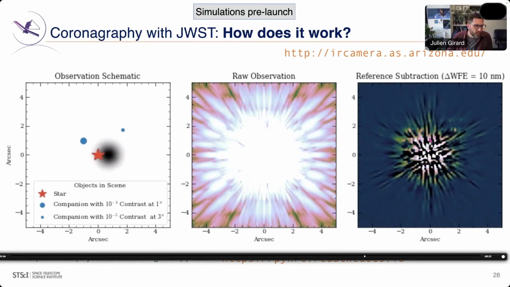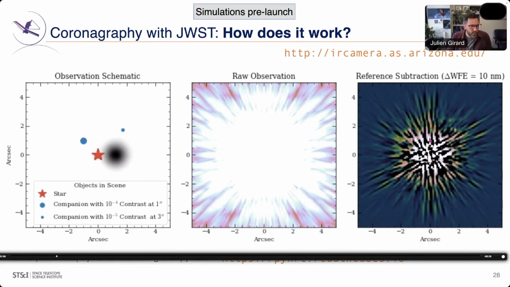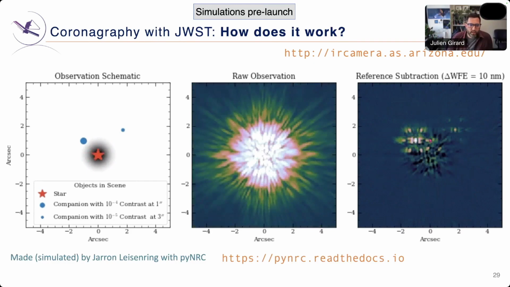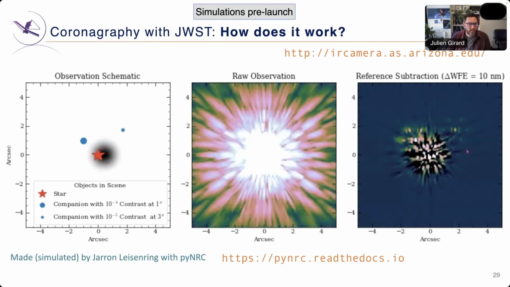The reference star can be a second roll, or it can be a reference star for what we call RDI, or reference differential imaging. When you subtract the reference star, if everything is well aligned and well scaled, then you can see the companion at moderate or high contrast. So that's how it's supposed to work, right?